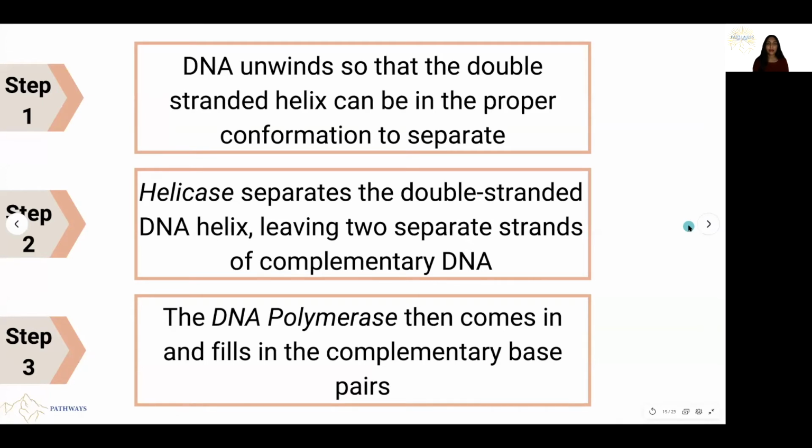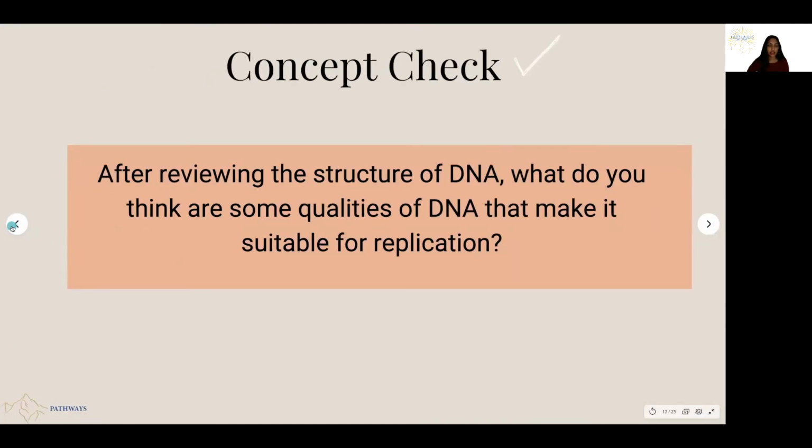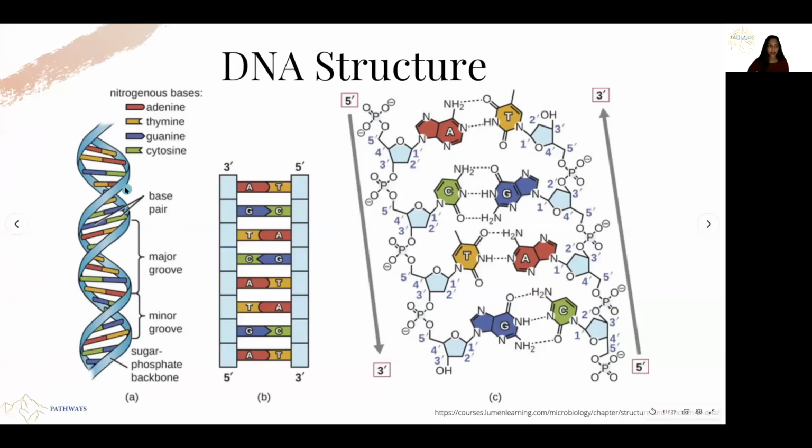The first step is that the DNA unwinds so that the double-stranded helix can be in the proper conformation to separate. What that means is that, like we said, the DNA is a twisted ladder. So the first step is that the ladder untwists and basically looks like a ladder like this. So the DNA goes from looking like this, twisted, to looking like this, untwisted.